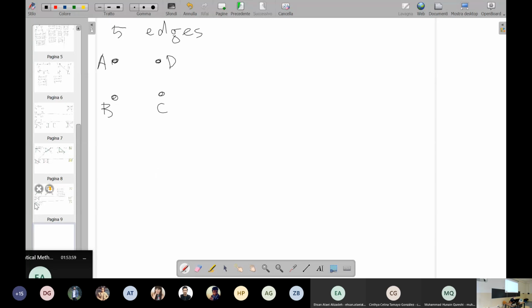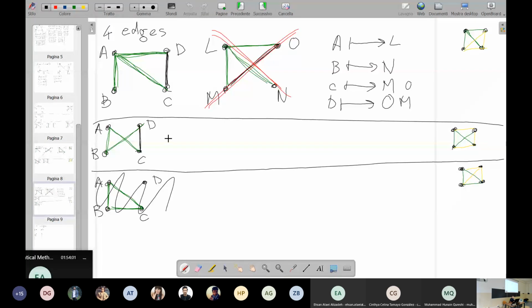Okay, I can see here, I'll take it. So I had this with 4 edges.